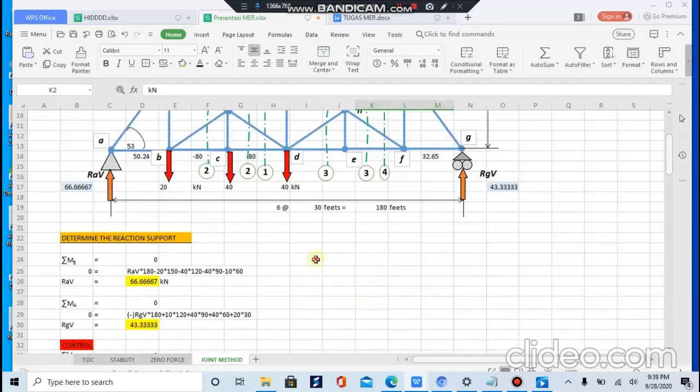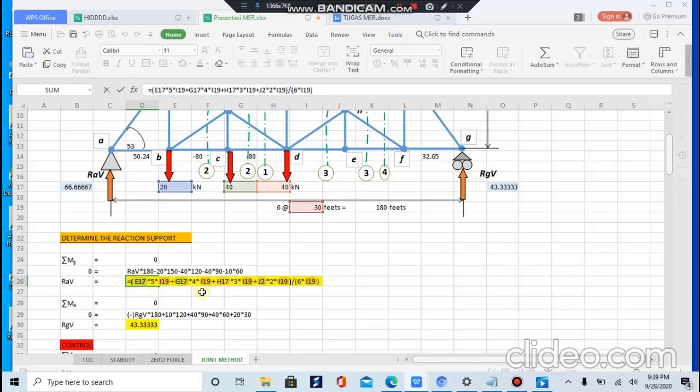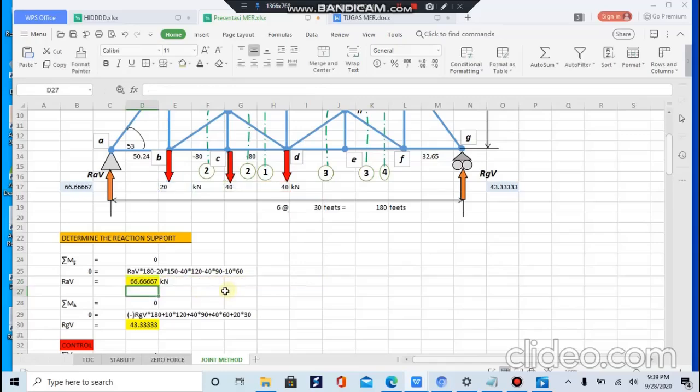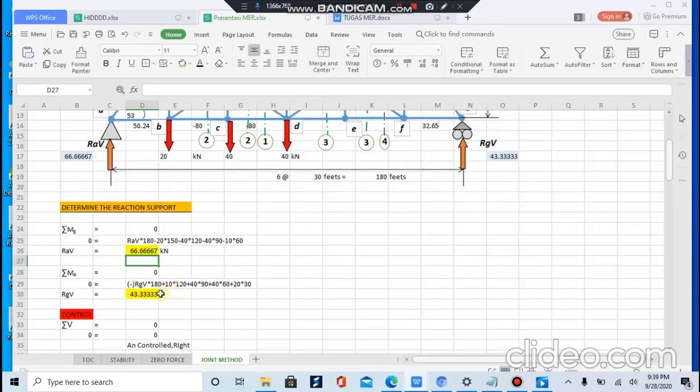So the RAV is equal to 66.6667 kilonewton.